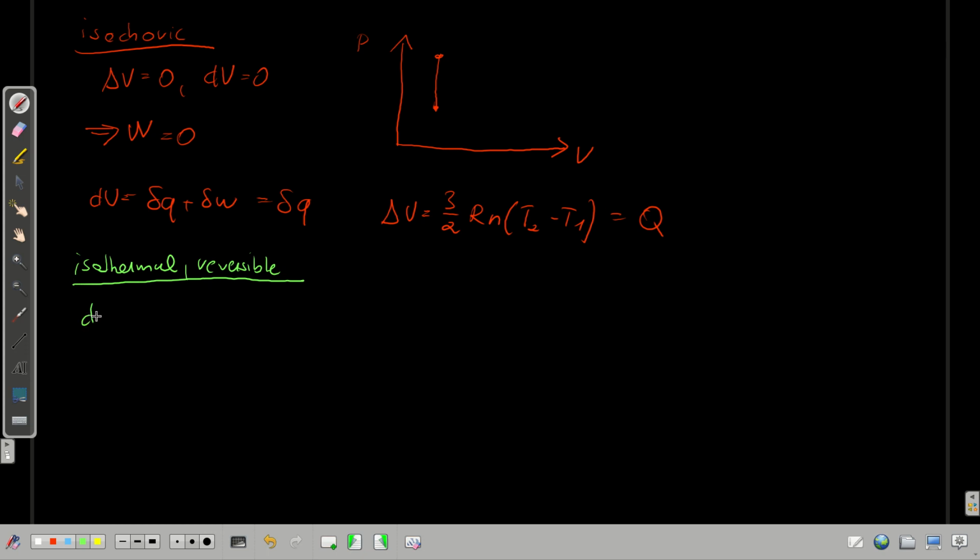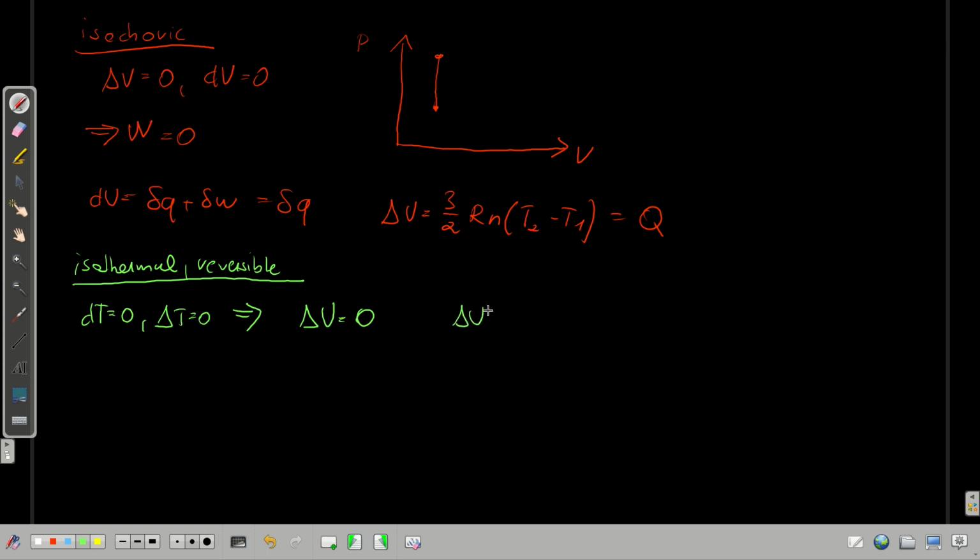Isothermal means that dT is 0, and delta T is 0. This means that for an isothermal process, the change in inner energy of an ideal gas is 0.